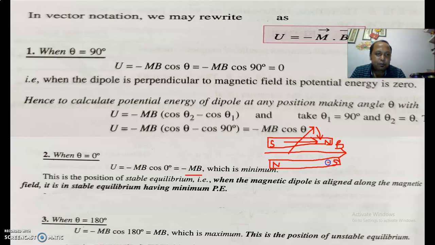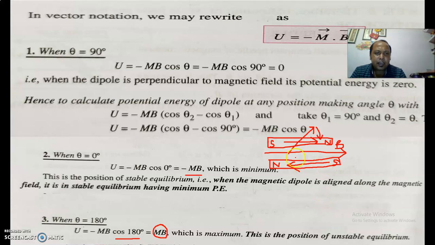So the dipole moment is now in the direction opposite to that of the applied magnetic field. So the angle between them is 180 degree and cos 180 degree is minus 1. So the value of the potential energy is maximum. Maximum potential energy means it is in unstable equilibrium.